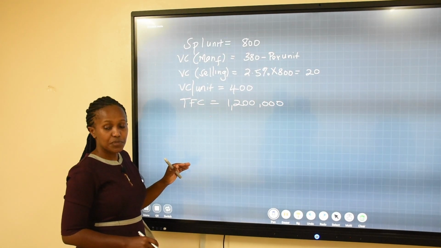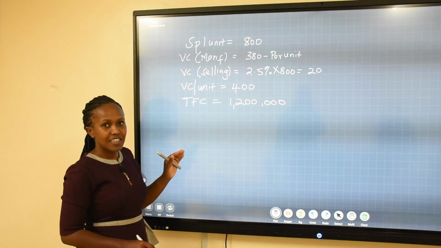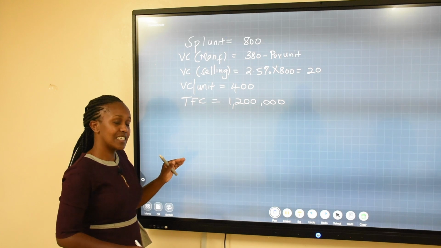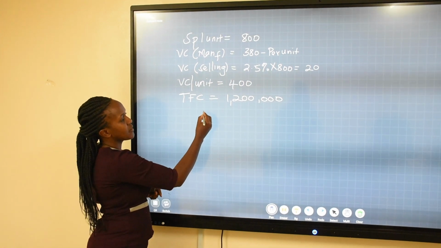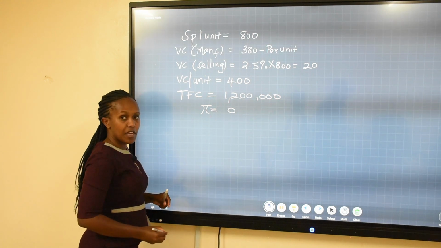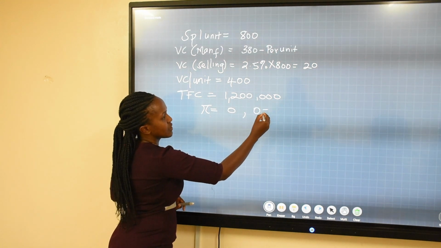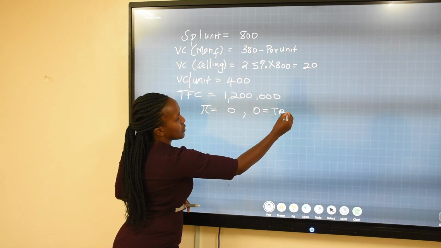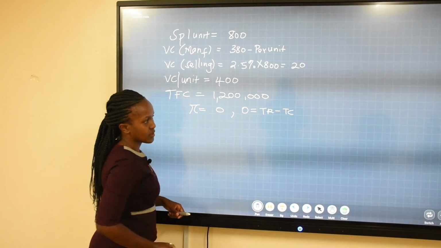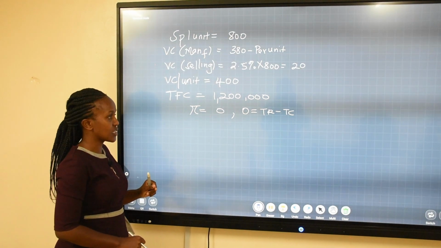So to begin with, we can start with the algebraic approach. In the algebraic approach, we have said, at a break-even point, profit is equal to 0. Therefore, you are going to equate that 0 is equal to total revenue minus total cost. This is using algebra to get the break-even point.